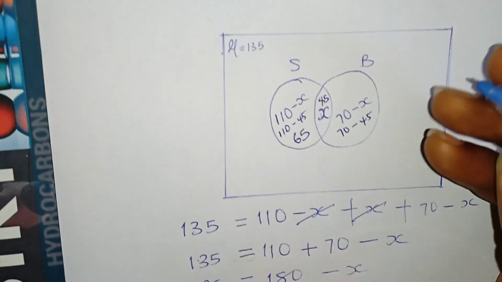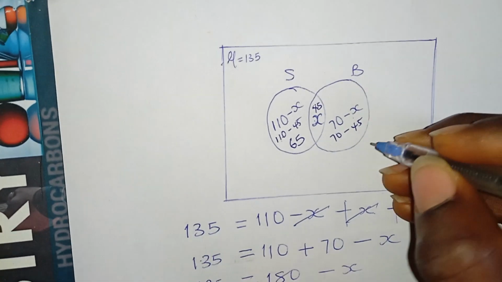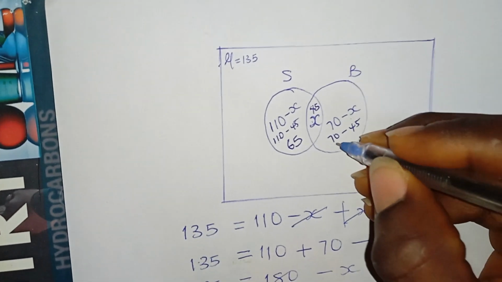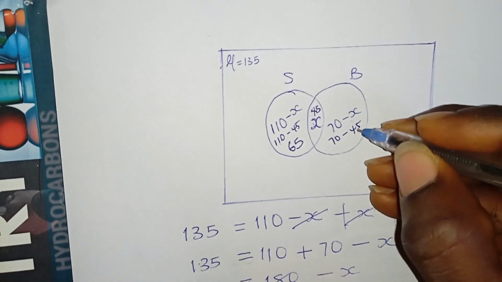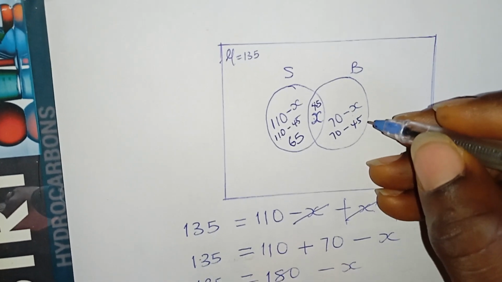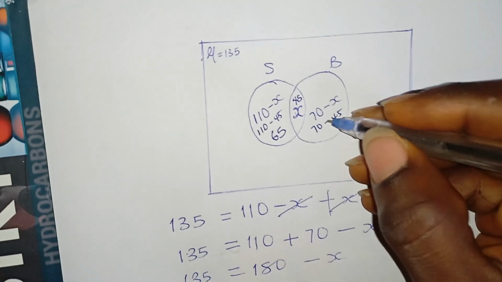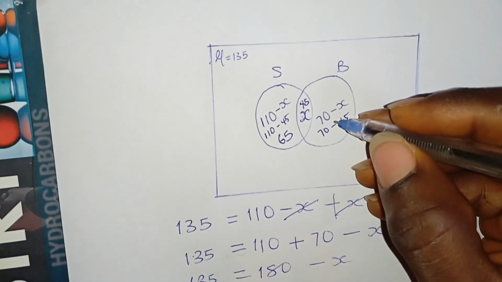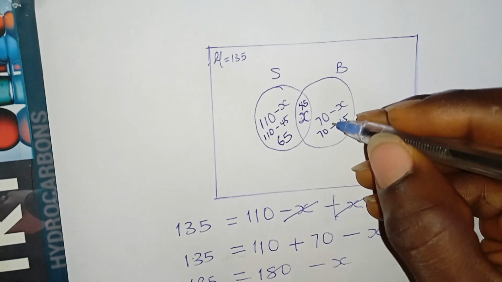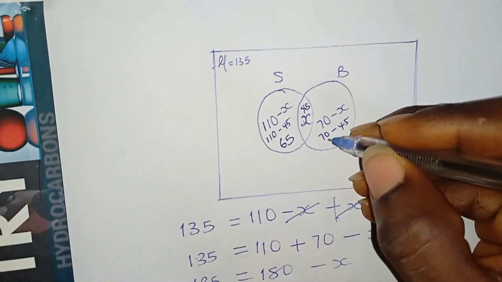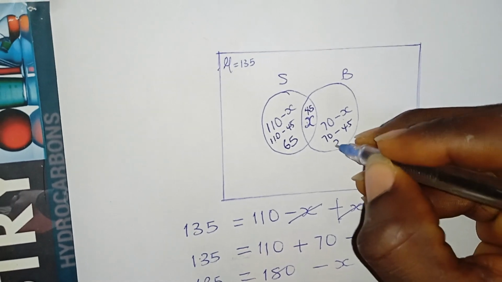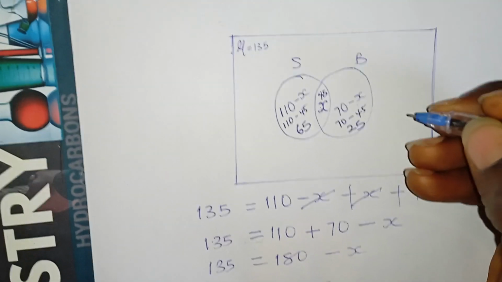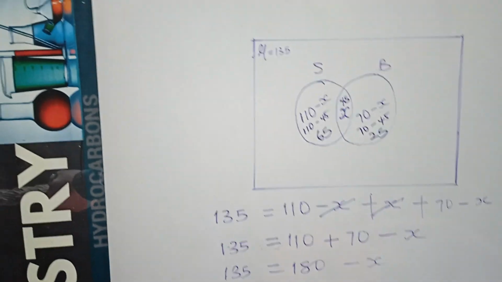So 65 investors invested in shares only. Then for bonds, when I come to this and remove 45, 70 minus 40 is 30. Then if you remove 5, 25 invested in bonds only.